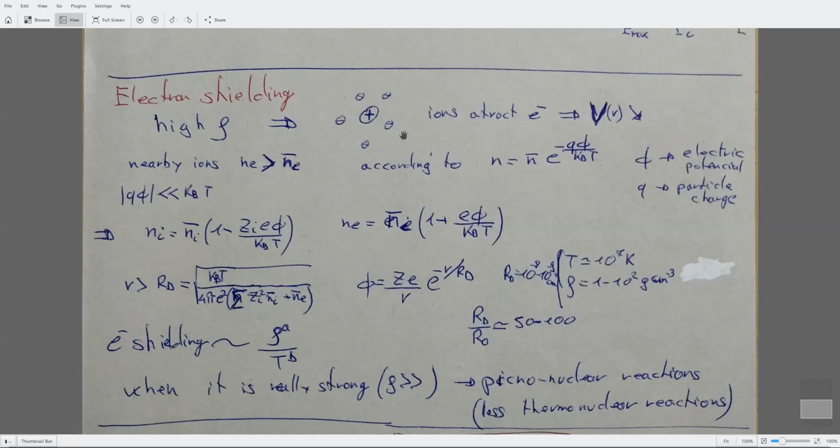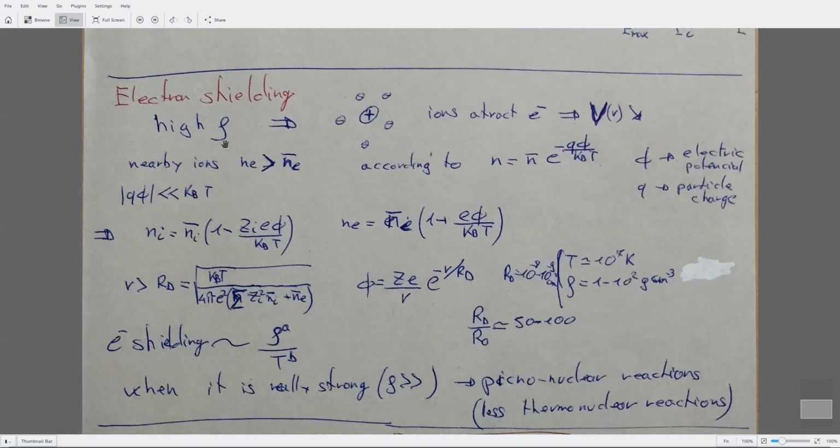But if you have a lot of electrons, that means that another particle that arrives nearby sees the global potential of the ion plus the electrons. So the potential is lower. So the Coulomb barrier is lower.